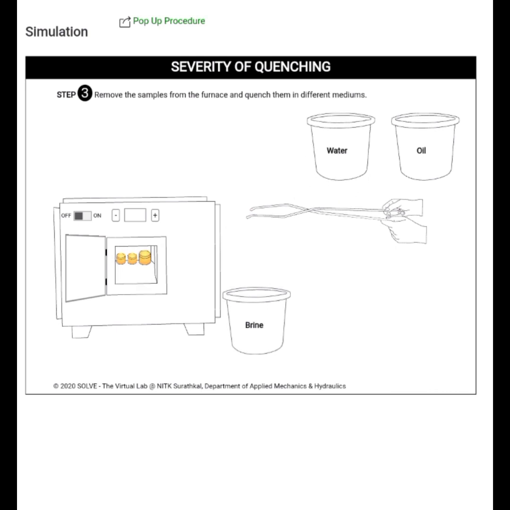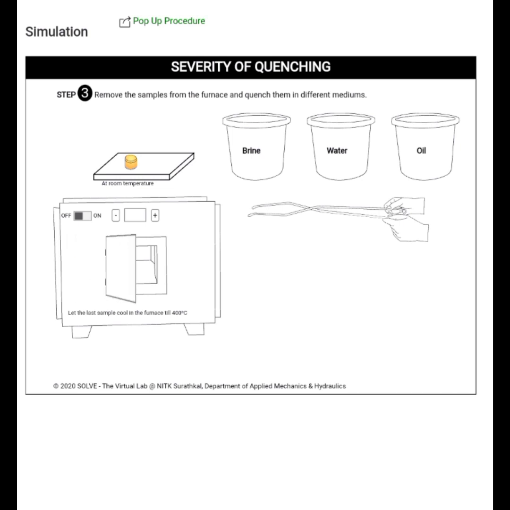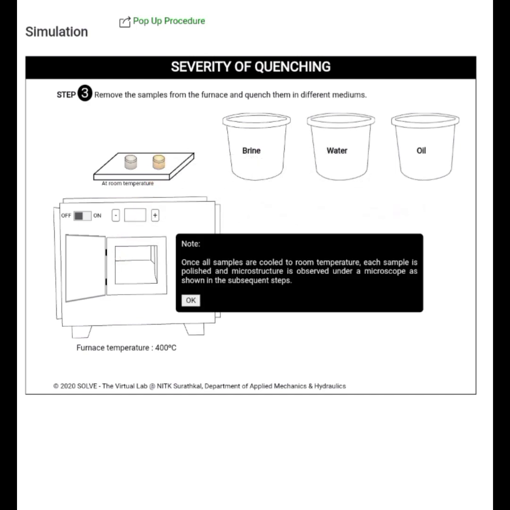The third sample we put in brine, and the fourth sample we put at room temperature, and the fifth one we put inside the machine and wait for the furnace temperature to reach 400 degrees Celsius. After that, open the machine, take out the fifth sample and put it at room temperature.